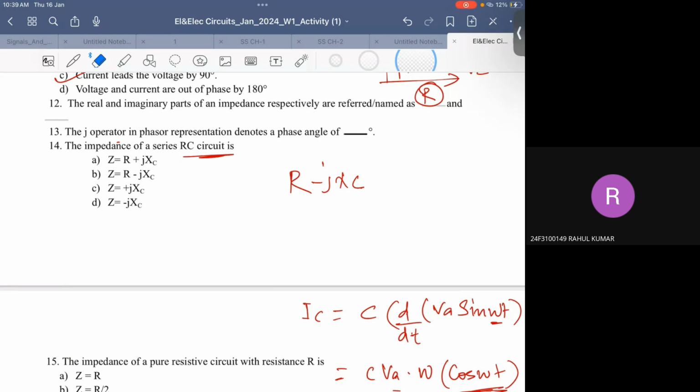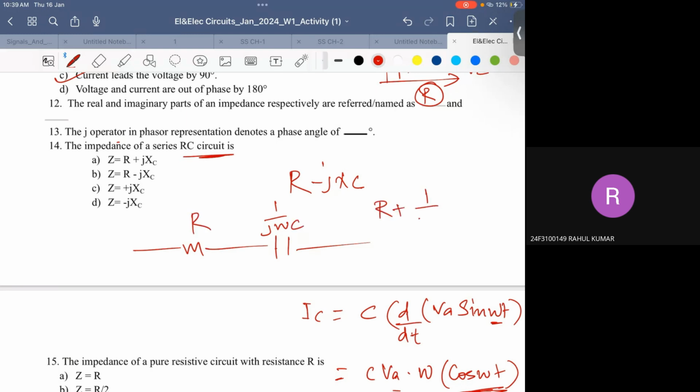If you are given the resistance R and the capacitor 1 upon j omega C, then adding them gives R plus 1 upon j omega C. Multiply j in the numerator: minus times minus 1 is j squared, so j gets cancelled and you are left with R minus j upon omega C. If you want to write it in the form of a reactance, it will be R minus jXC.